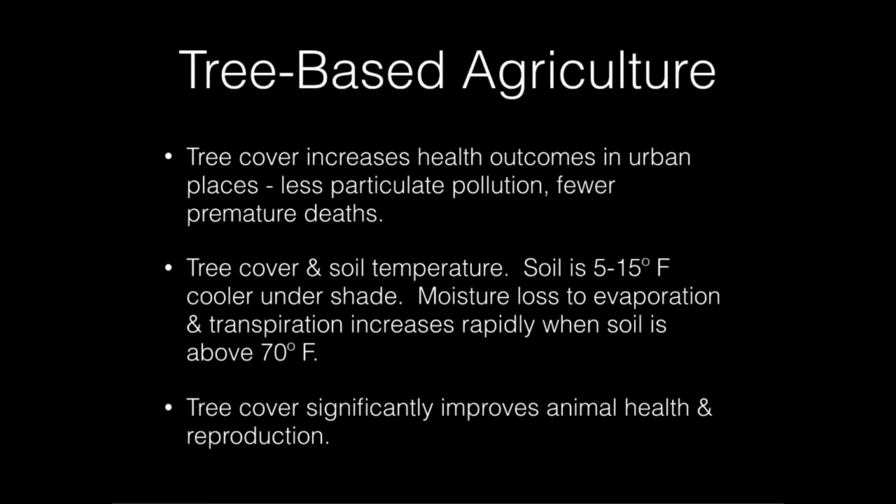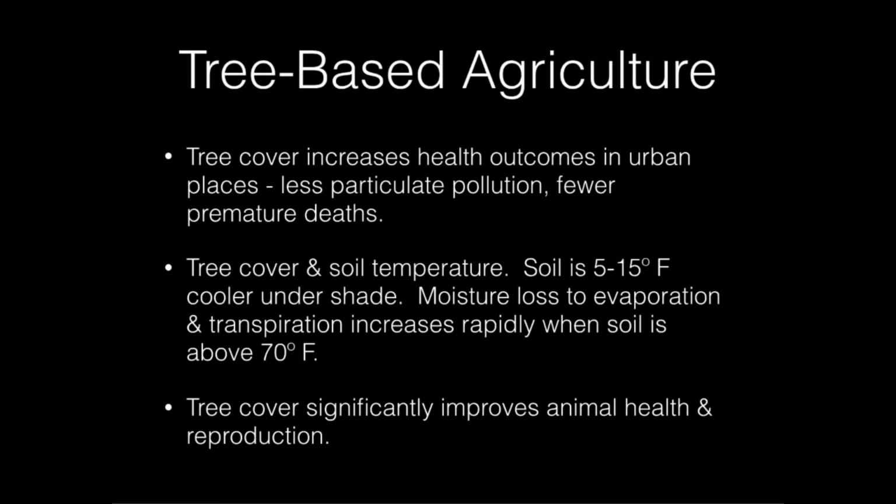So the big principle with tree-based agriculture is tree cover is good. I mean, for health outcomes, for mitigating and remediating particulate pollution, fewer premature deaths. Just the more tree cover we can integrate into every kind of landscape, the better. And this is urban and rural. It also is incredibly important for soil temperature and soil health.